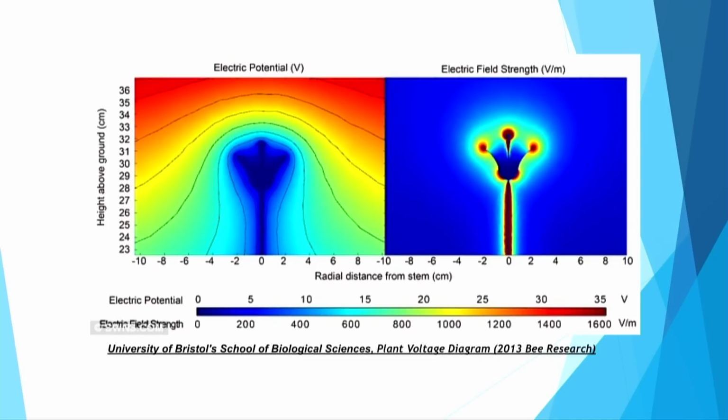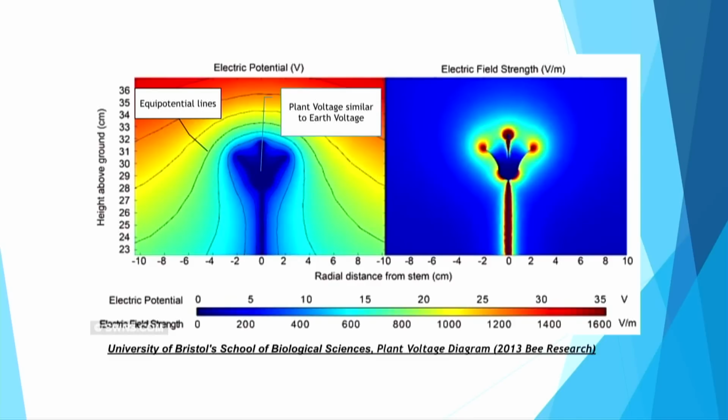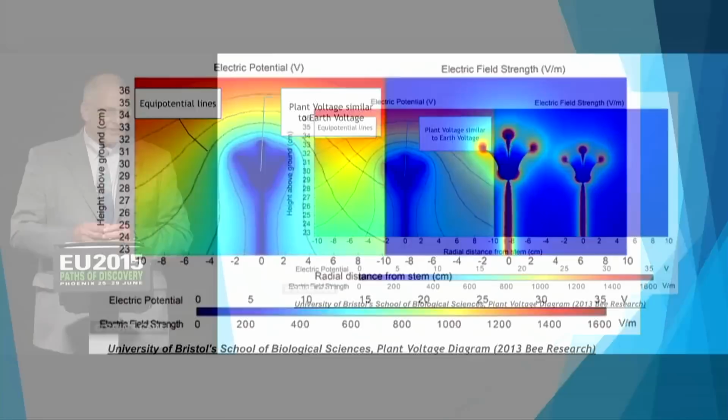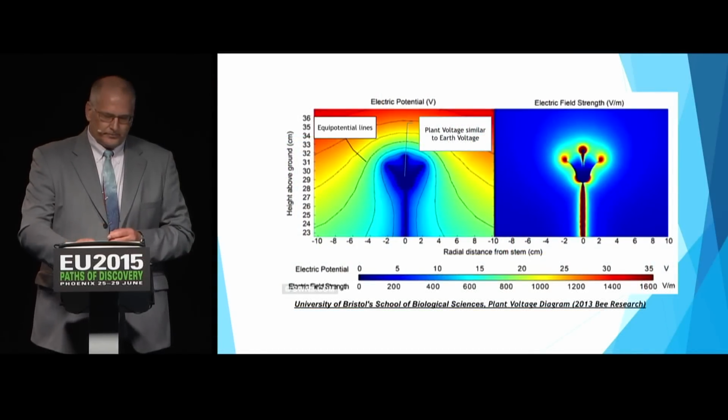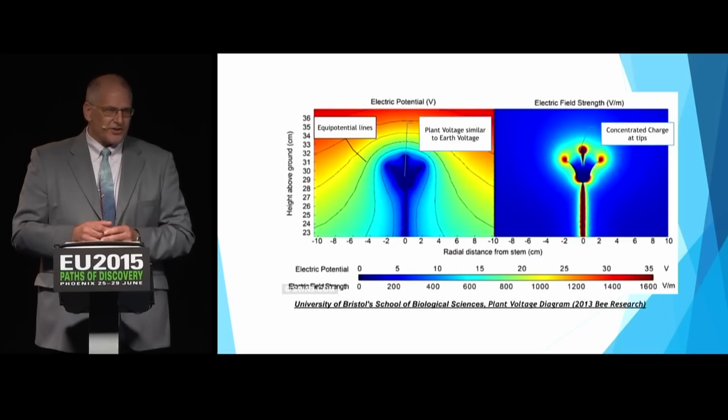The diagram on the left is electric potential, and you can see the equipotential lines. And you can't see the earth voltage here, but the plant voltage seems similar to the earth voltage on this scale. And that fits with what my recordings were. Most of my voltages were less than 1 volt. And on the other side, you can see the concentrated charge at the tips.